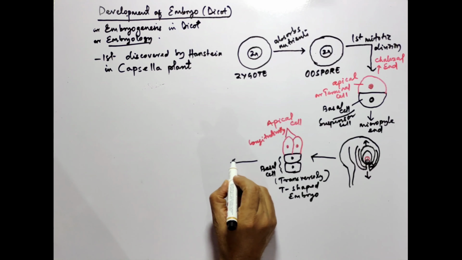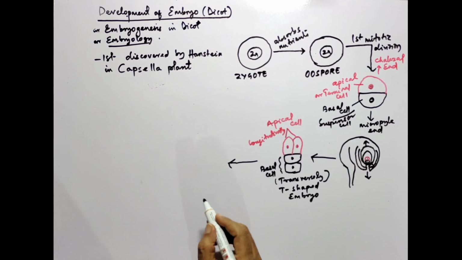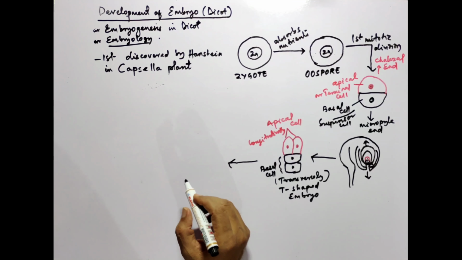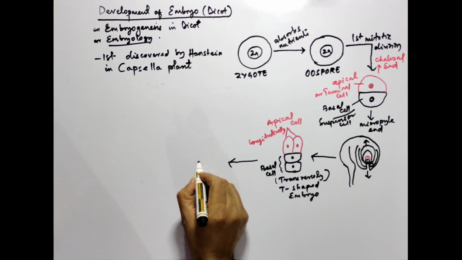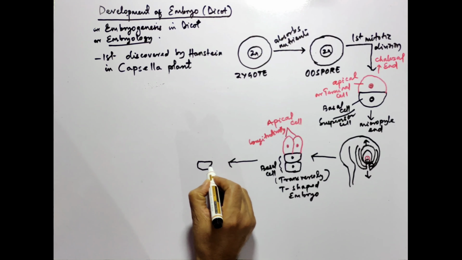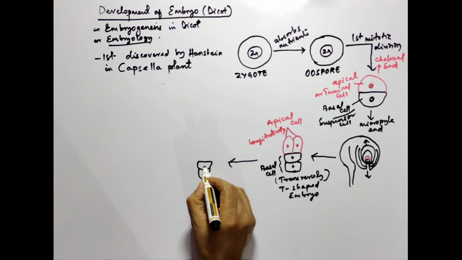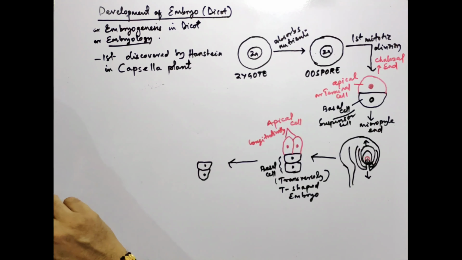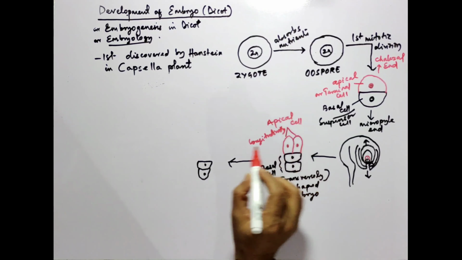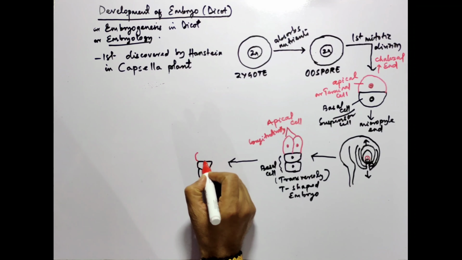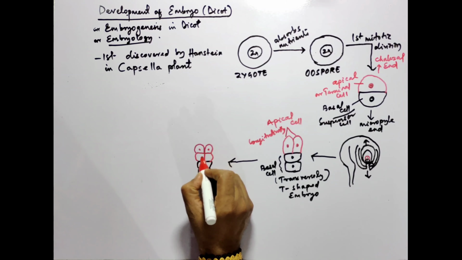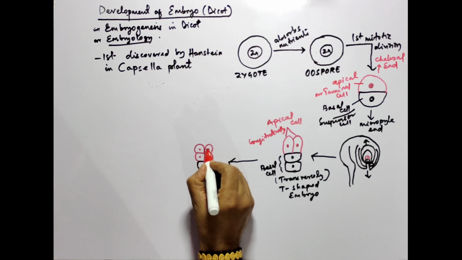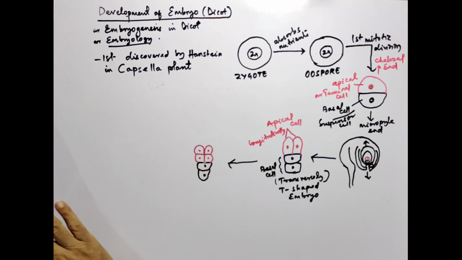Then later on the development occurs again, and particularly the apical cells divide. This is the basal cells, and the apical cells divide transversely, so this produces a clear demarcation by the red color and black color.